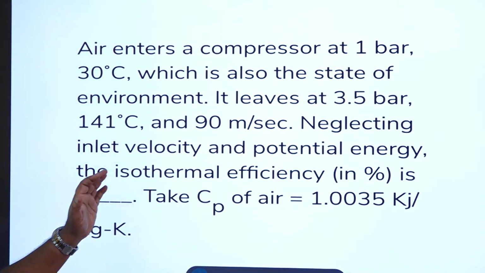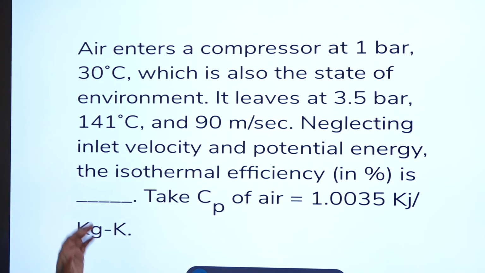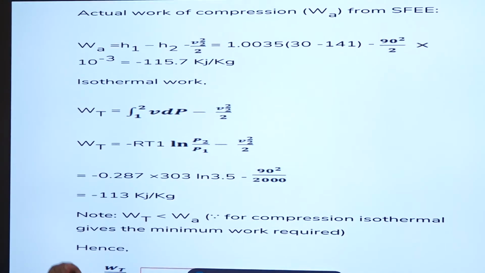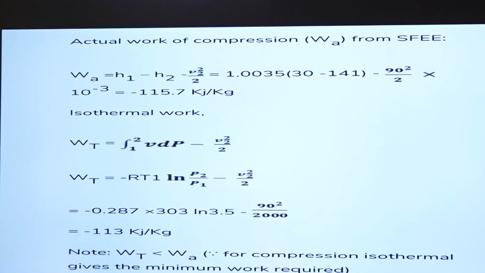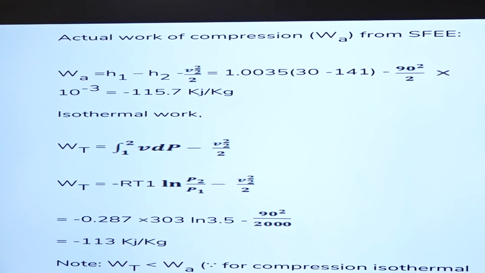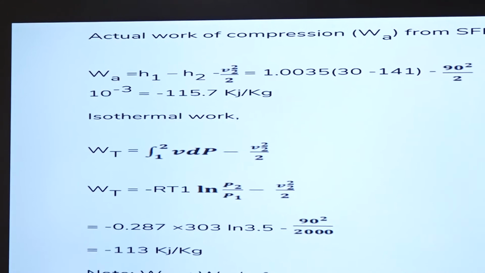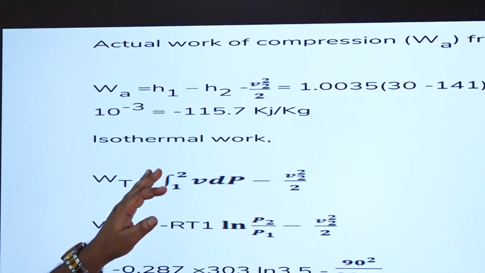Neglecting the inlet velocity and potential energy, the isothermal efficiency is asked, Cp is given to you. So WA will be equal to H1 minus H2 minus V2 square by 2. All the values are known to you here.